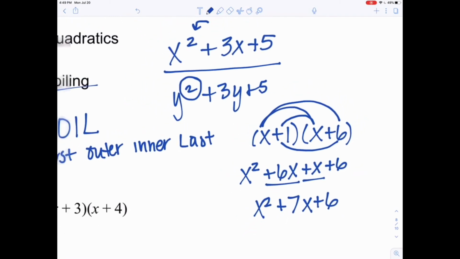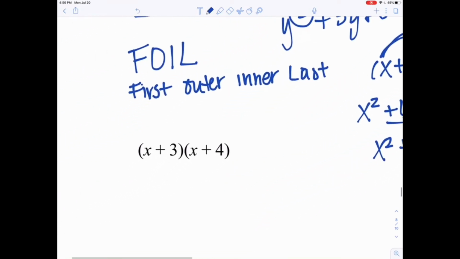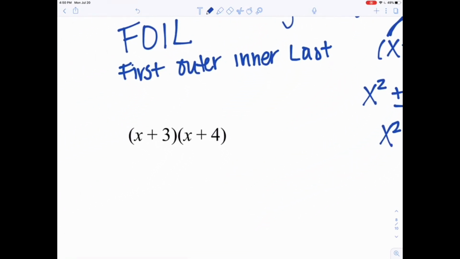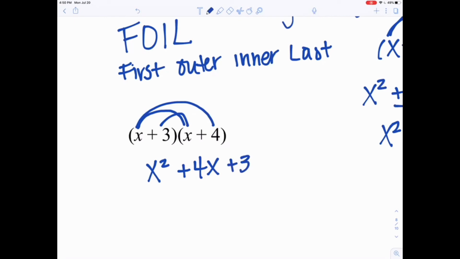So now that we've done that, let's look at this example over here. x plus 3 times x plus 4. So we do the first, x times x, x squared. We do the outer, x times positive 4, positive 4x. We do inner, positive 3 times x, positive 3x.